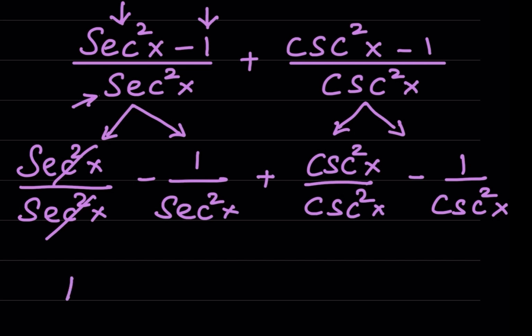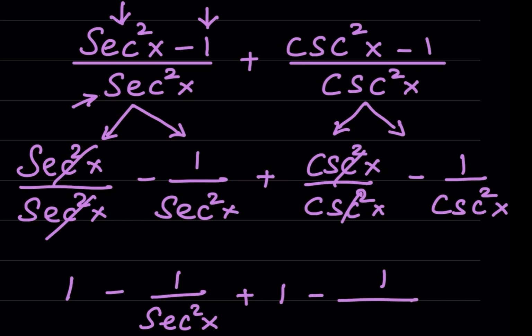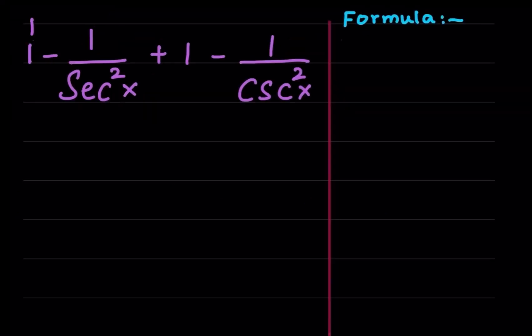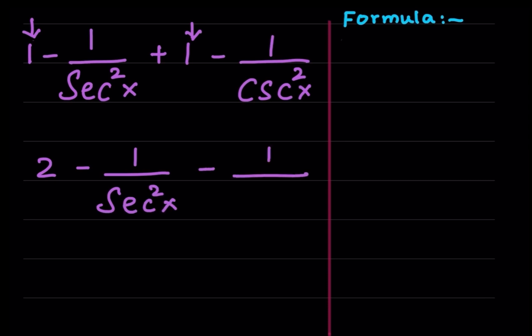So 1 minus 1 by secant square x plus these two got cancelled out. So 1 minus 1 by cosecant square x. So 1 plus 1 is 2 minus 1 by secant square x minus 1 by cosecant square x.